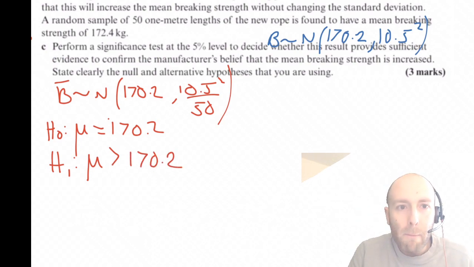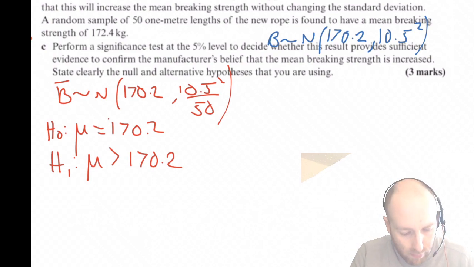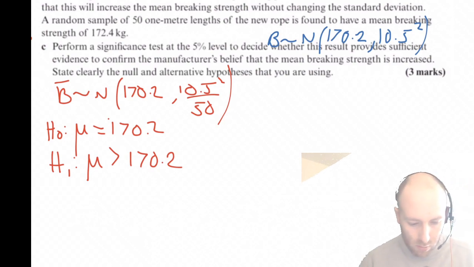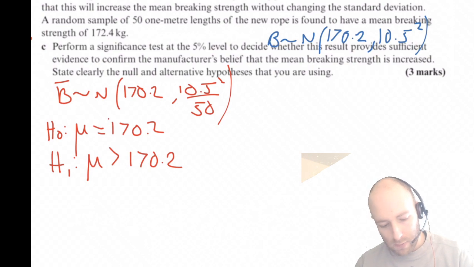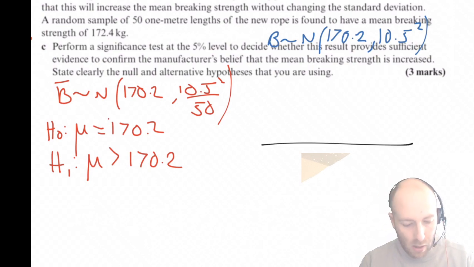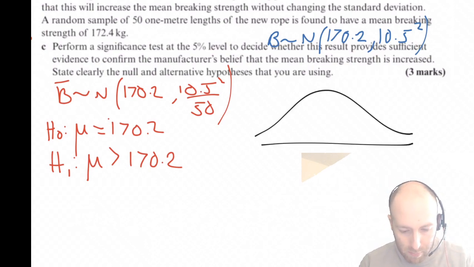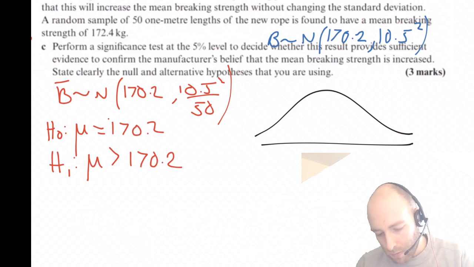Cool. All right. Okay, so we're going to do our test, see if we can find our critical region, and then see if 172.4 is bigger than it. So we're looking for 5%.